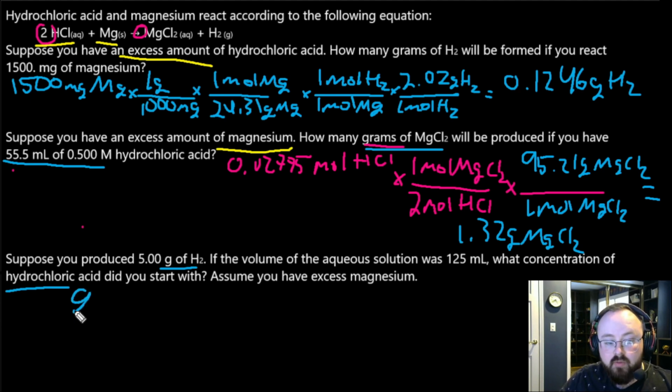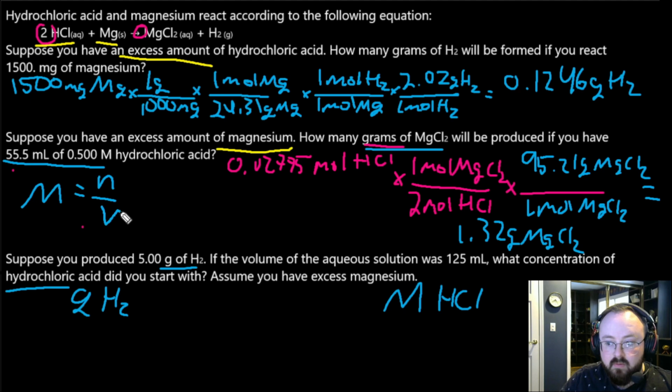So we are starting with grams of H2 and ending with the concentration of HCl. And remember, our formula is this for concentration. And what do I need to solve for that? Well, I already have my volume, which I'm going to go ahead and just already convert. And I hope that the more that you do it, the more kind of automatic it becomes, dealing with milli to kilo. That's 0.125 liters. Right?